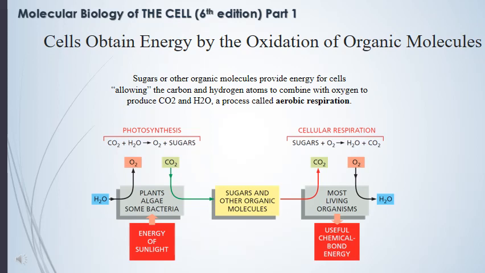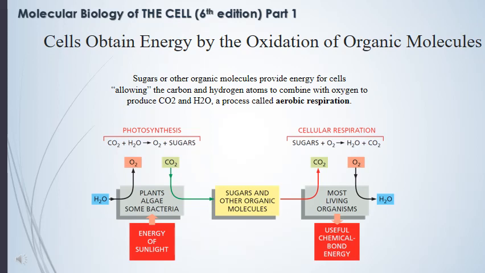So we have two systems here. We have photosynthesis and cellular respiration. Photosynthesis is a process in which carbon dioxide and water are taken up, and the reaction takes place when energy from light is used to produce oxygen and sugars.